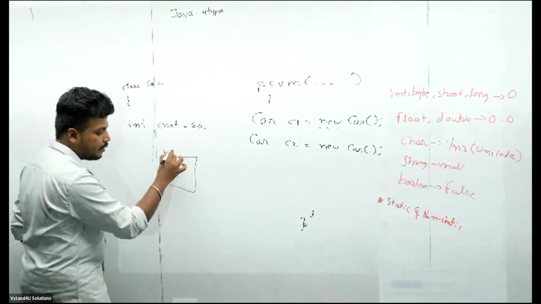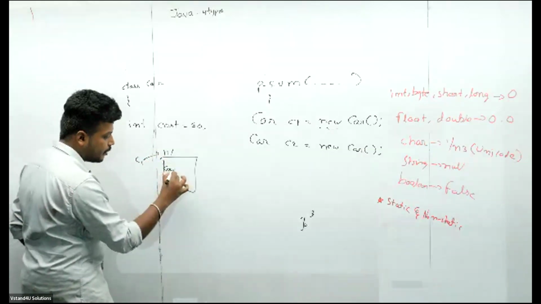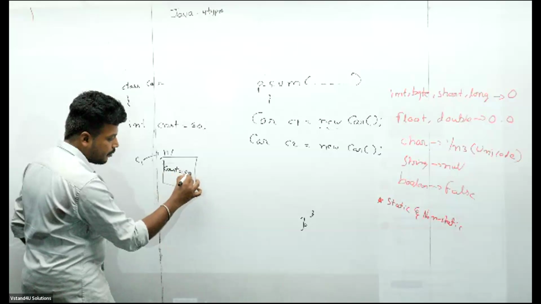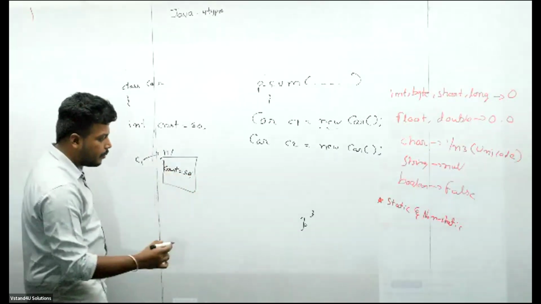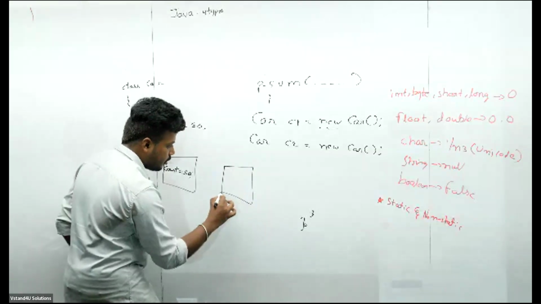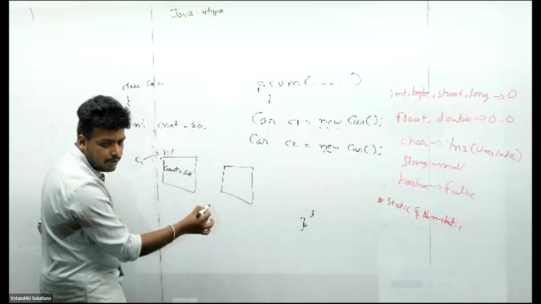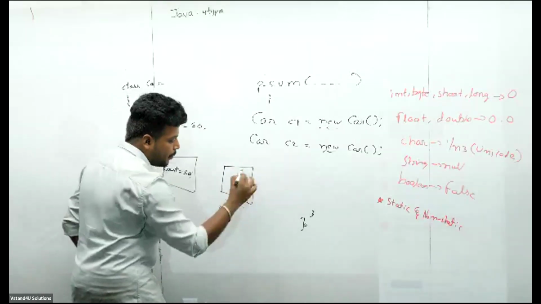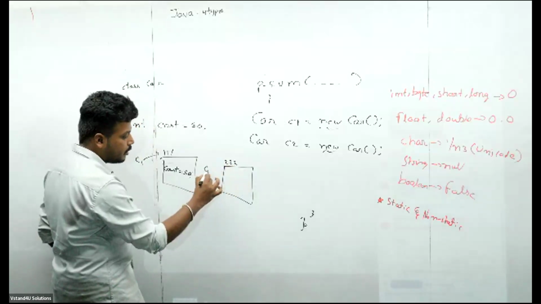A random address is created and it will point to C1, and cost will be stored. In C1 it is storing 50. What about C2? You are creating another object using the new operator, and it is pointing to some address through C2.